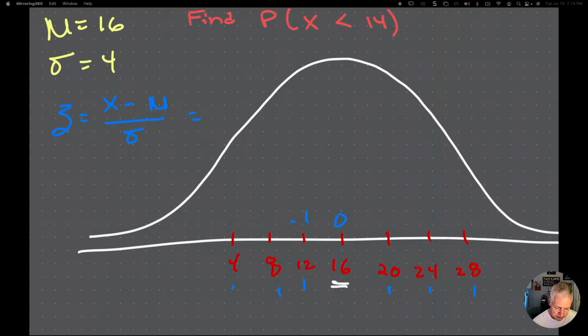So let's derive 24. This one. So I've got 24 subtract 16 divided by 4. That's 8 divided by 4 equals 2. So I'm 2 standard deviations away at the data point from the set, 24. No problem. The other ones on here are 1 and 3, minus 2, minus 3.